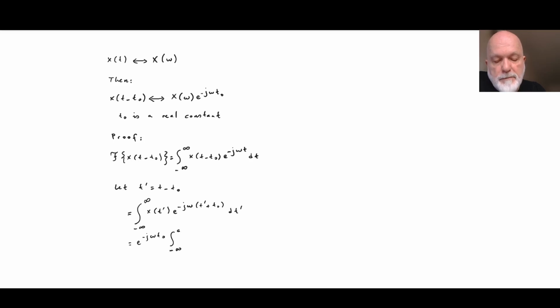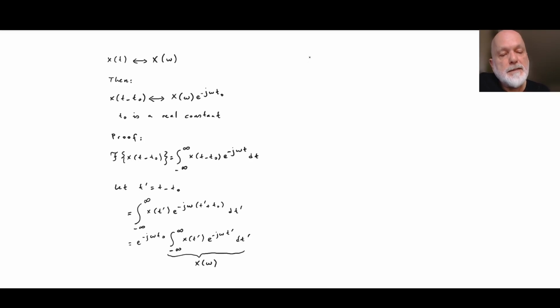So from minus infinity to plus infinity, x of t prime e to minus j omega t prime integrated with respect to t prime. But you see, this is nothing but the Fourier transform, X of omega. So this is the simple proof of the expression for the Fourier transform of the time-shifted version of x of t.